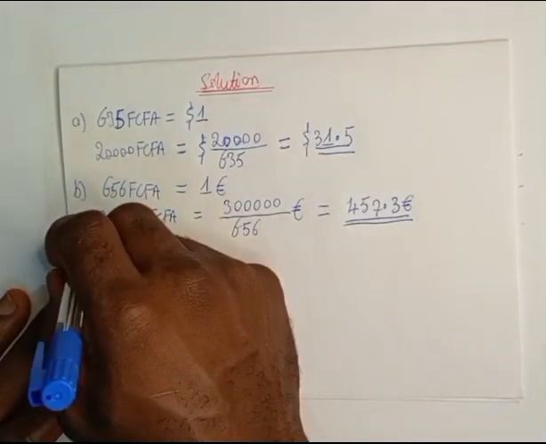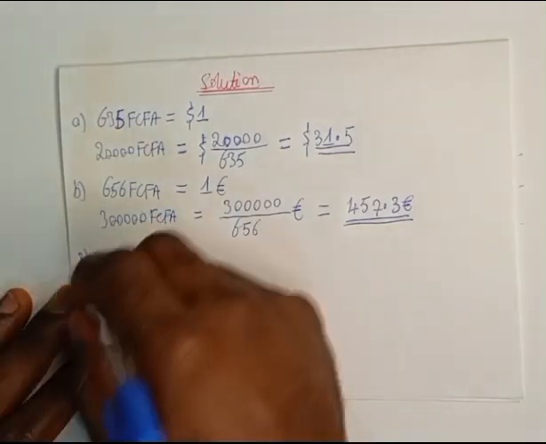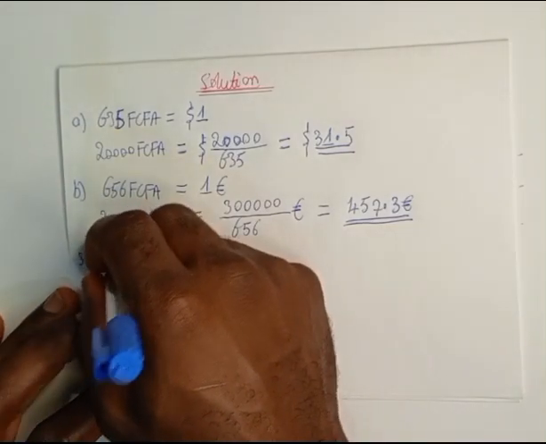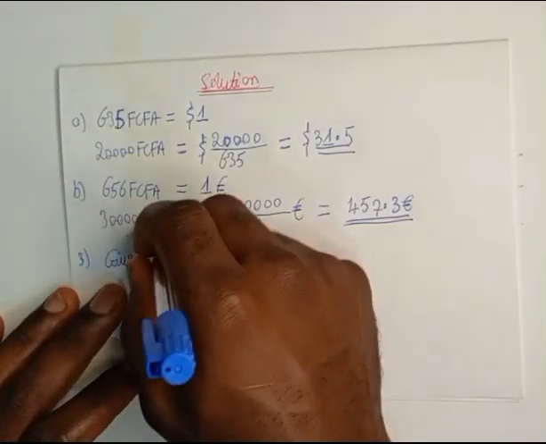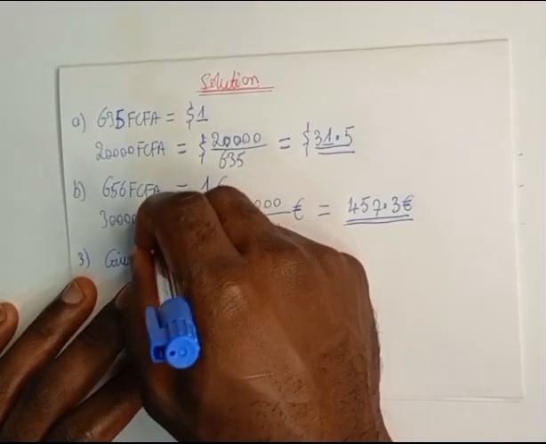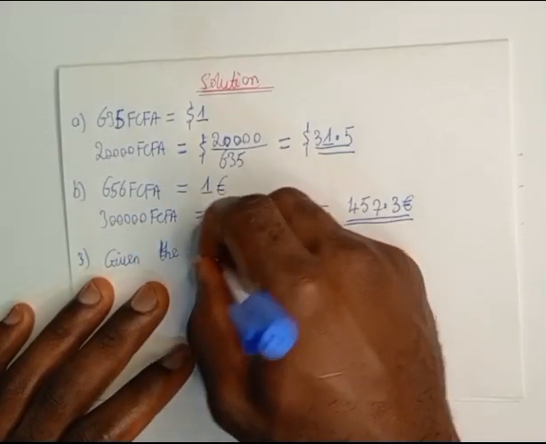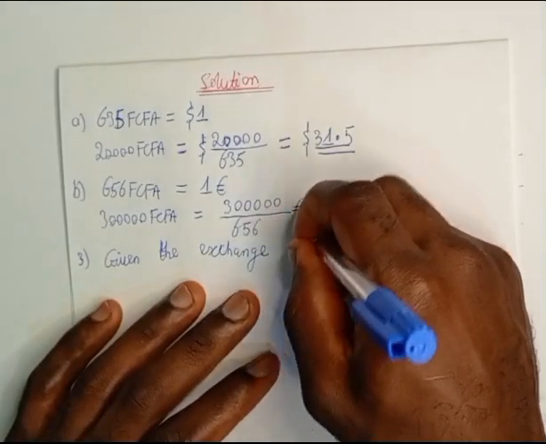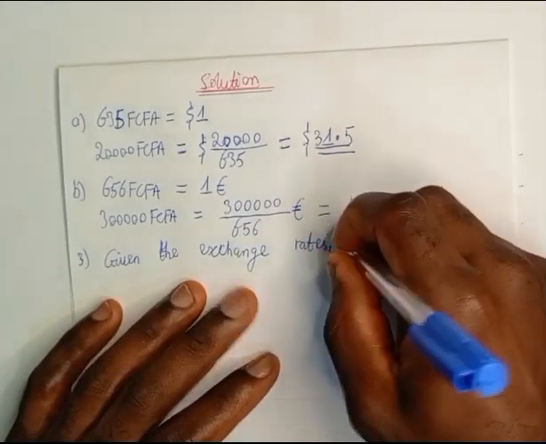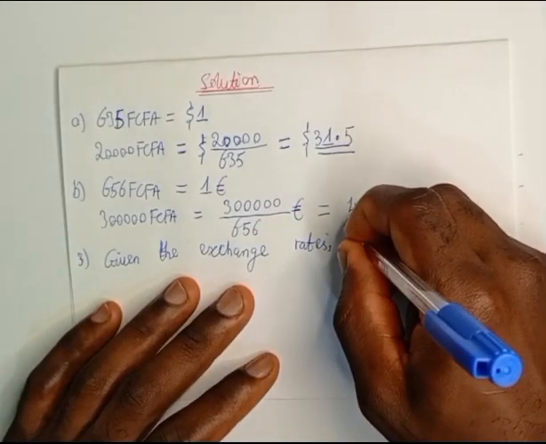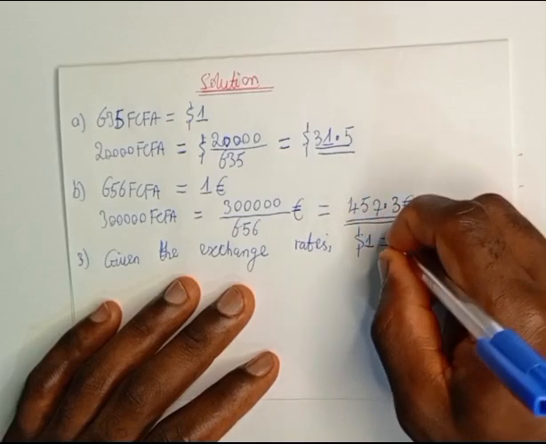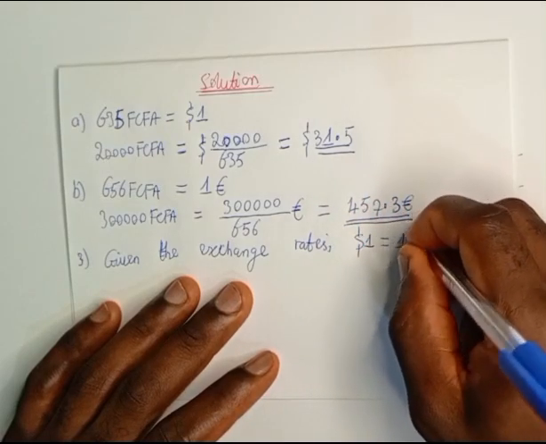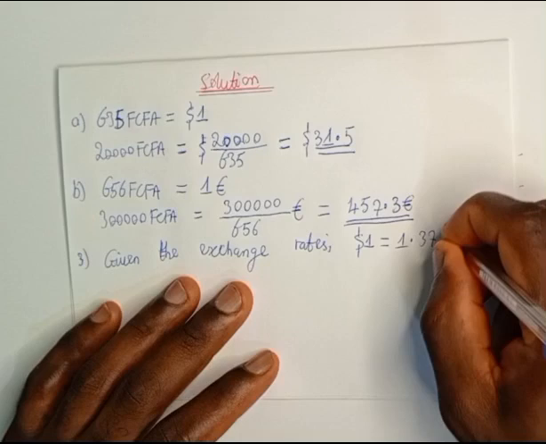We go now to example 3. It goes, given the exchange rates, first one, $1 is equal to 1.37 euros.